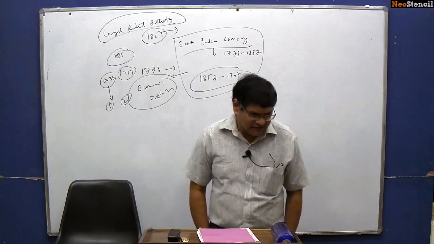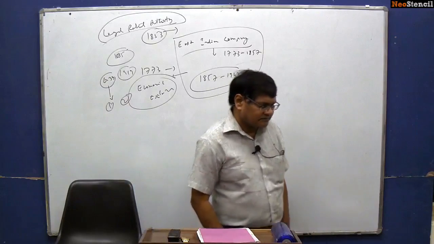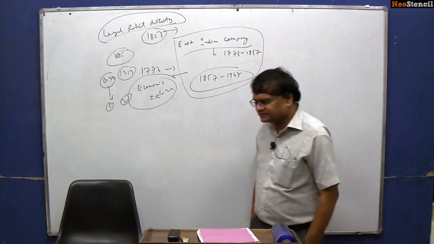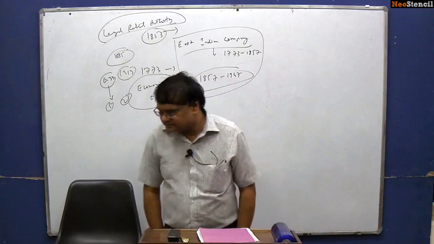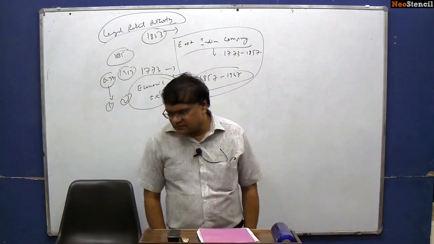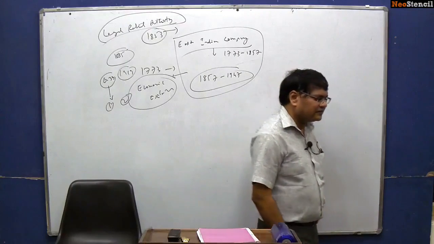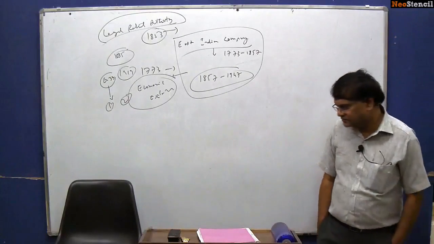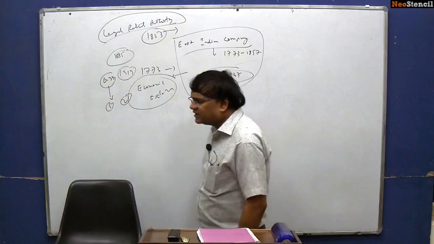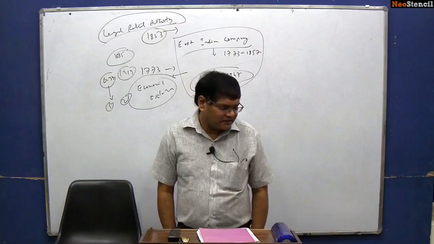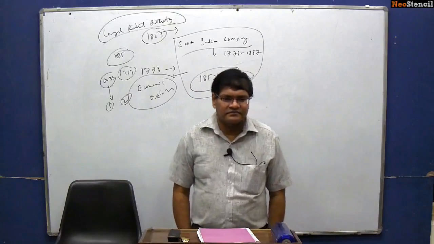Next, let us look at the important values or characteristics or features of our constitution. What are the important values our constitutional forefathers cherished while framing the constitution of the country?